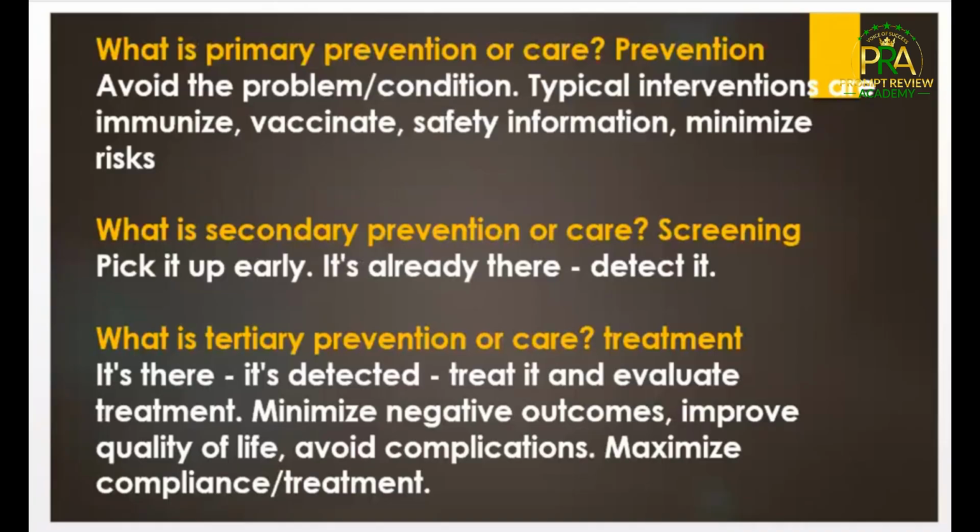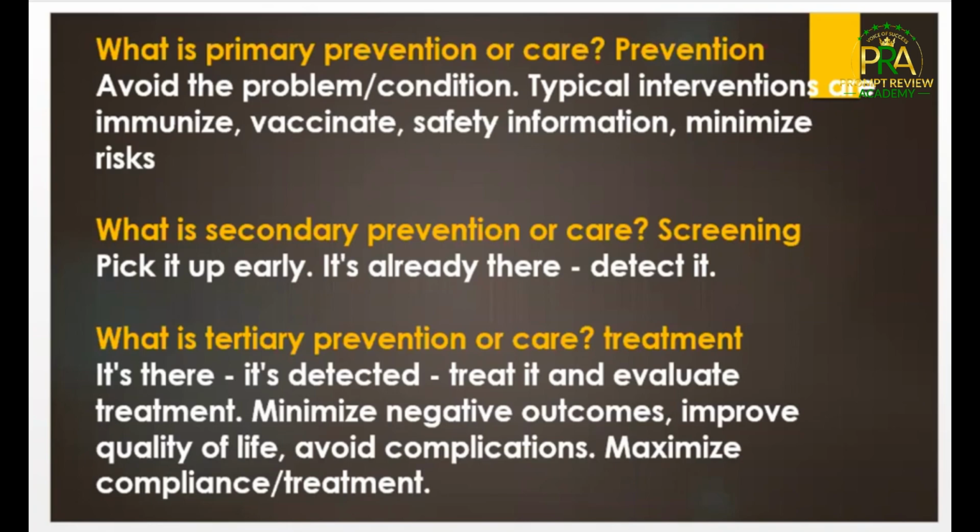Then we are still talking about primary, secondary and tertiary prevention. We talked about it briefly the last time, but I want to emphasize that for primary prevention, use P to remember. P goes with P when you want to prevent something.